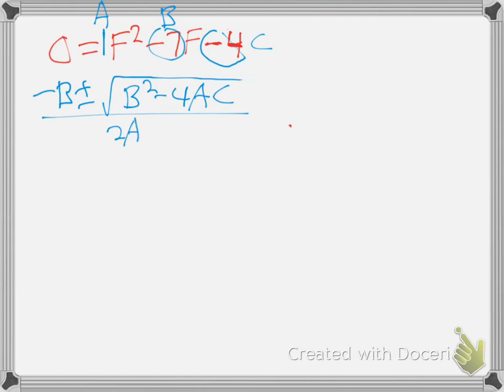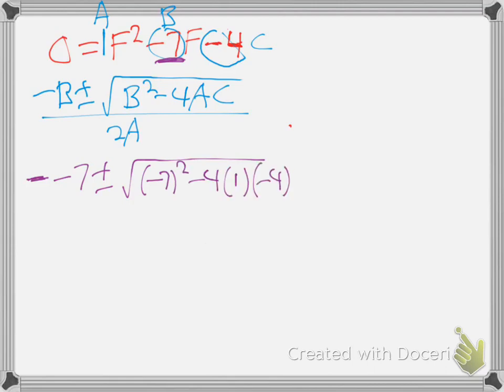Careful, B is also negative, so we've got the double negative thing again. Negative negative 7 plus or minus the square root of B squared minus 4 times A times C, all over 2A.